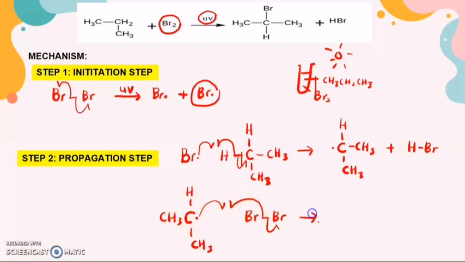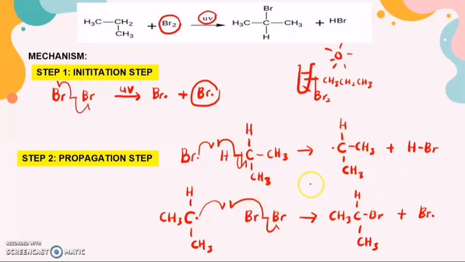So what we will get here is CH3CHBrCH3. This is our product, plus a free radical of bromine. Now another free radical exists from this reaction, and this reaction will repeat and continue.